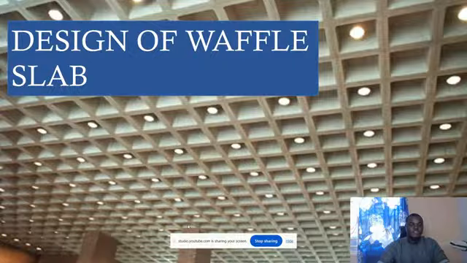A waffle slab is just another category of rib slab, but in this case it has ribs running in two directions. So the difference between rib slab and waffle slab is that rib slab has ribs in one direction, while waffle slab has ribs in both directions, both the major axis and the minor axis of a slab.